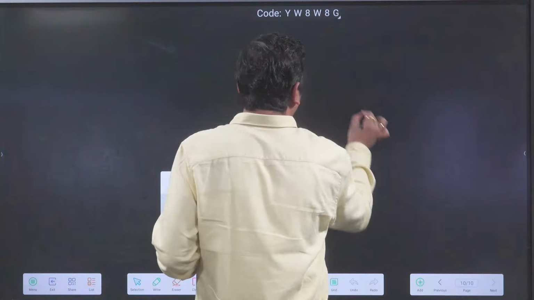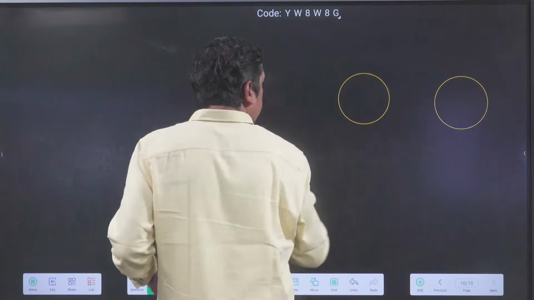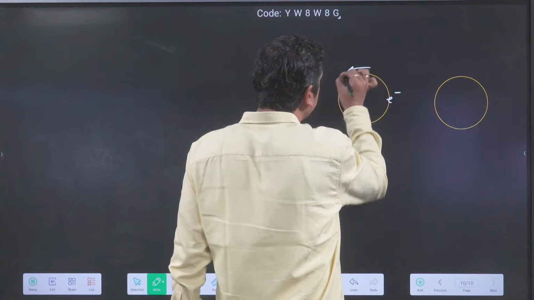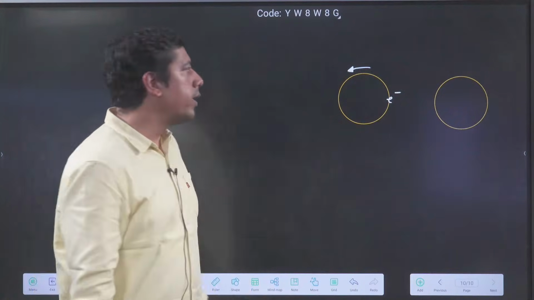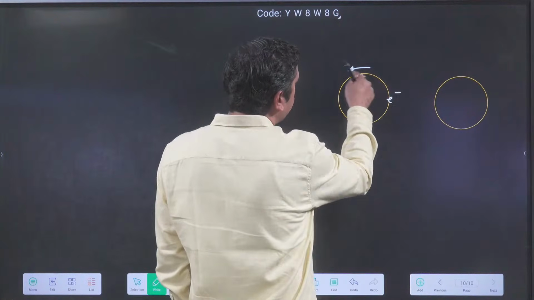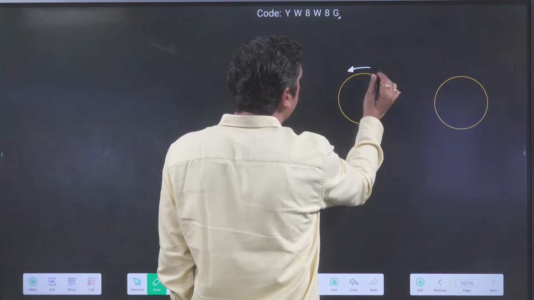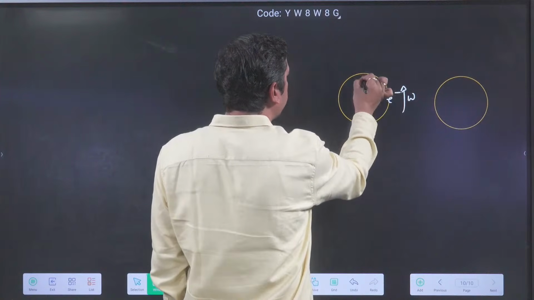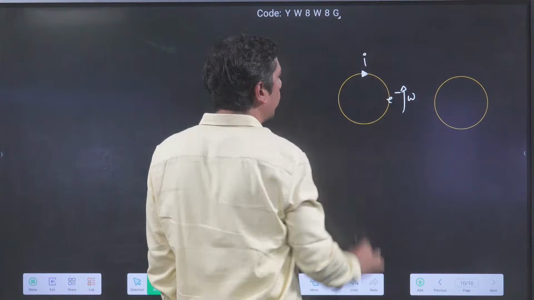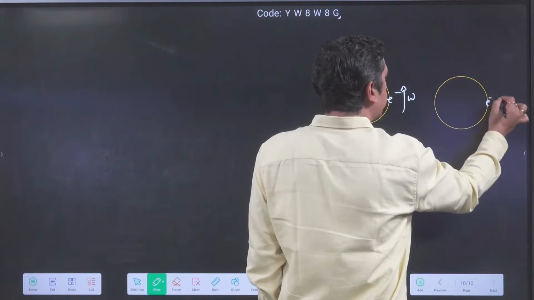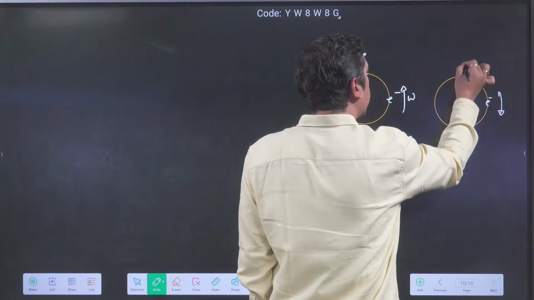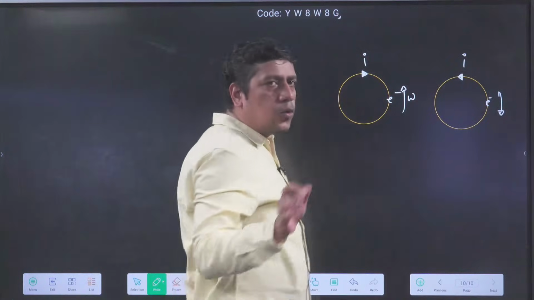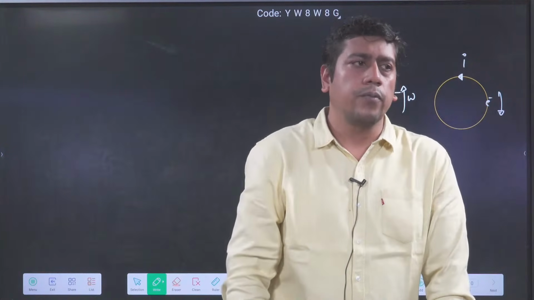If you recall, let's say an electron is going anti-clockwise, then we can say it constitutes a current. Electron going anti-clockwise, omega is anti-clockwise, it means there is a current clockwise. And similarly, if an electron is going clockwise, it means there is a current anti-clockwise. Right? Can I say like that? So a charge going in a circle is equivalent to current in a loop.